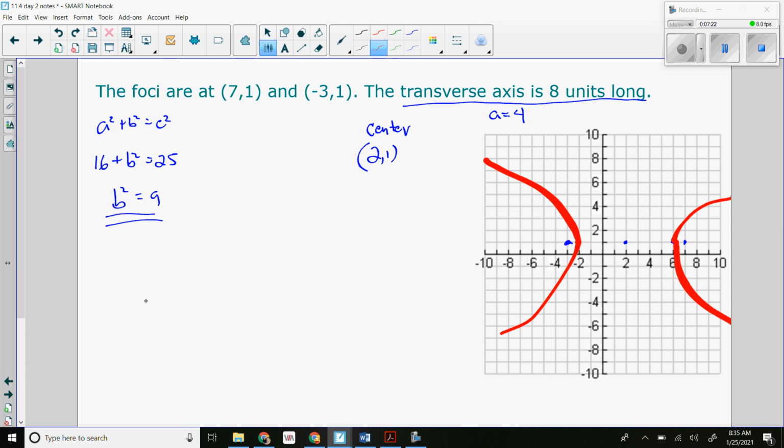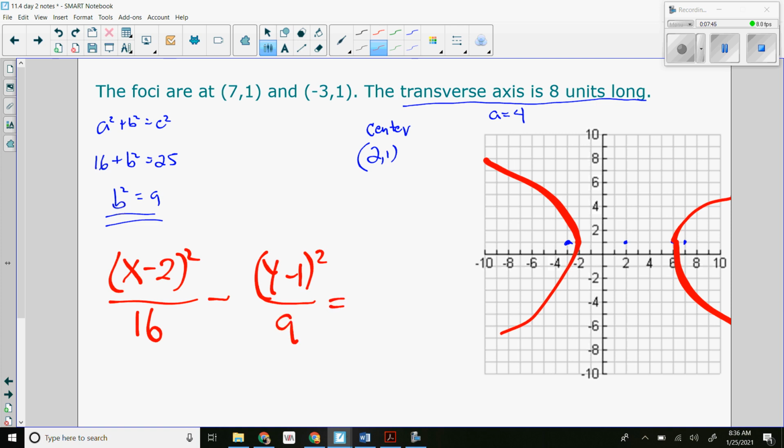And if I jot this one out, it's going to be x minus my x value of the center, which is 2, quantity squared, over A is 4, so A squared is 16, minus, y minus 1, quantity squared, over B squared was 9, equals 1.